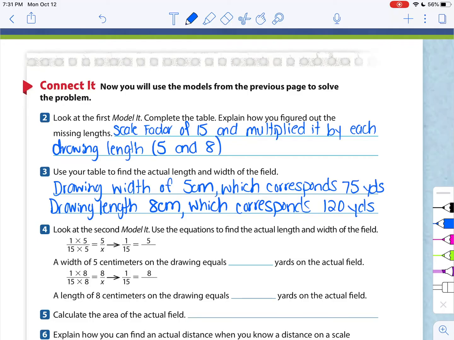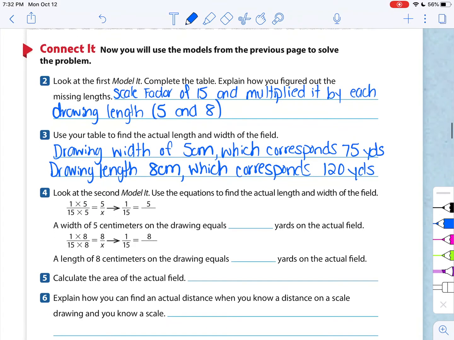Use the equation to find the actual length and width of the field. So you can see that they have this proportion set up for us. And what we can do is cross multiply and then divide to find this missing piece.